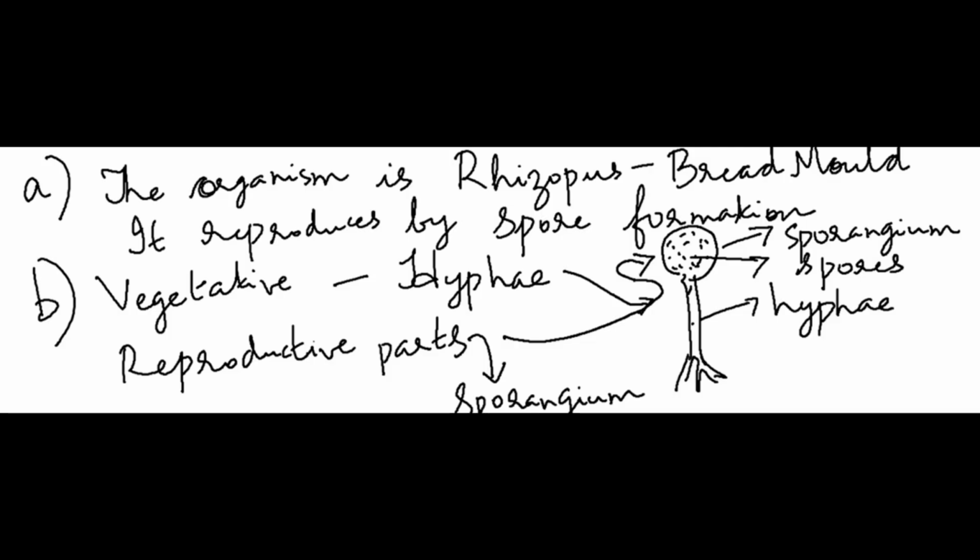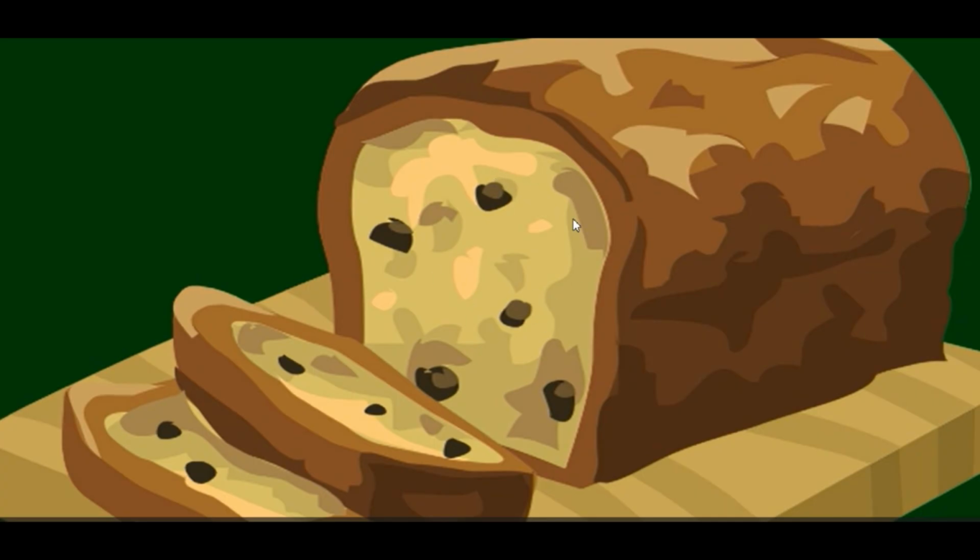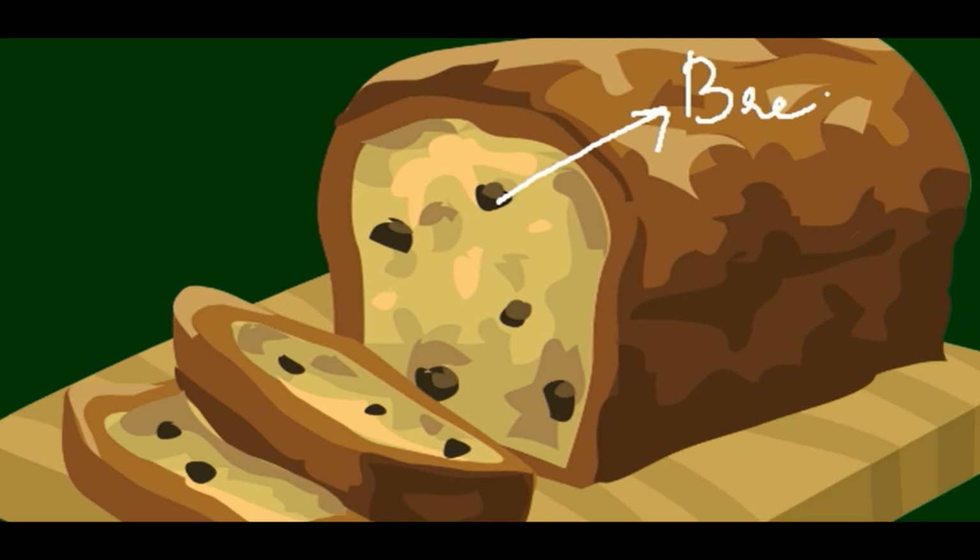Both hyphae and sporangium help in spore formation and attachment on the bread. Suppose this is a stale bread and it is affected with Rhizopus, then it will be called bread mold.